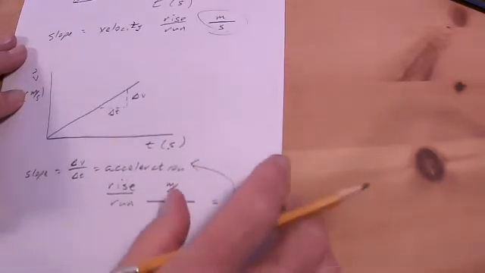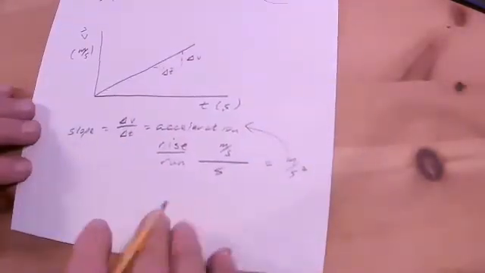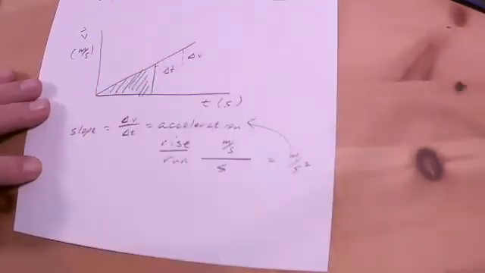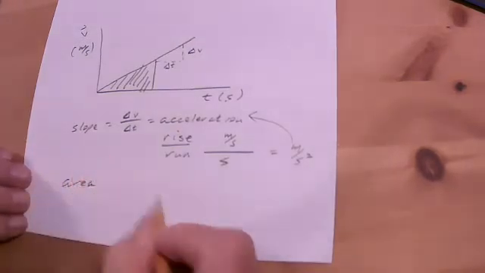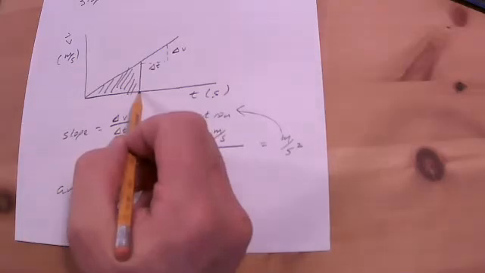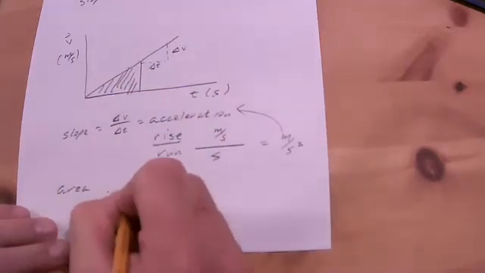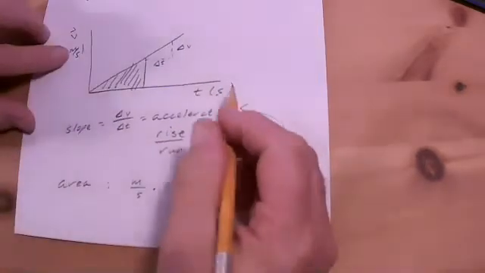So another indicator. Now with the velocity time graph, we can also take the area under the curve. Let's just talk about area. Area is one dimension times the other dimension, like length times width, right? So this will be measured in meters per second times seconds.